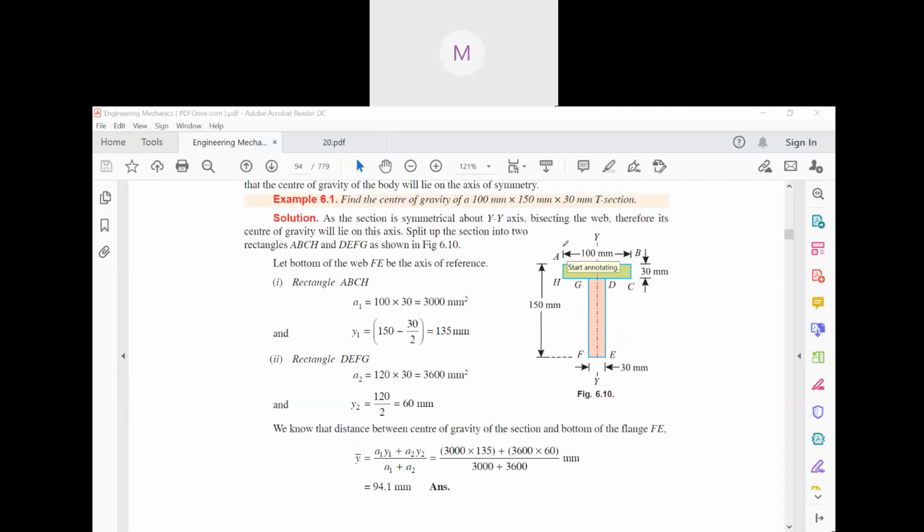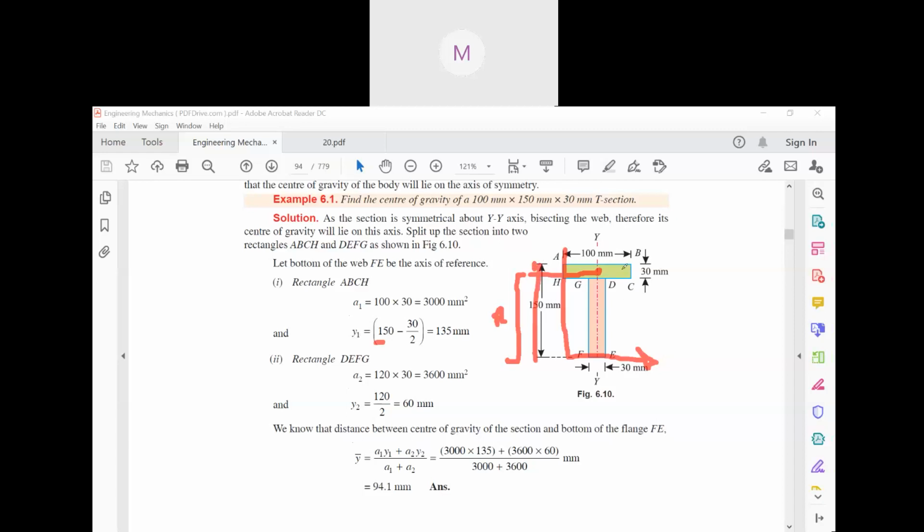You will have to find out this distance, right? That means from here, this is the center, and from this distance you can locate the point here, right? So you have to find out this distance. Now this distance is how much? Look, the total distance is what? 150. Yes or no? The total distance is 150.